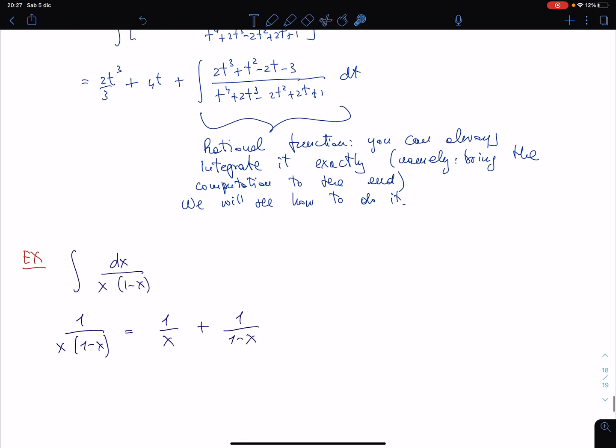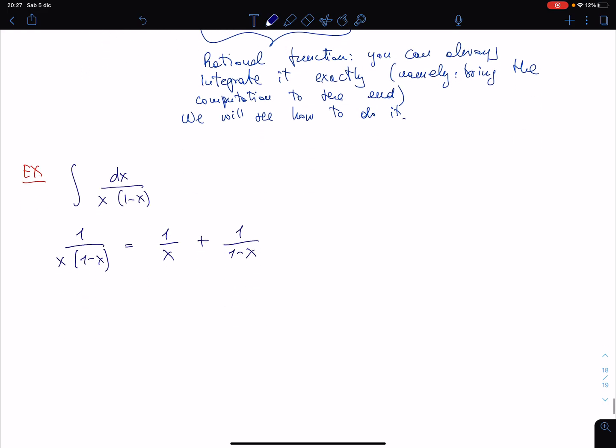And now it is easy to integrate this function, because then the integral of 1 over x times 1 minus x is the integral of 1 over x plus the integral of 1 over 1 minus x.